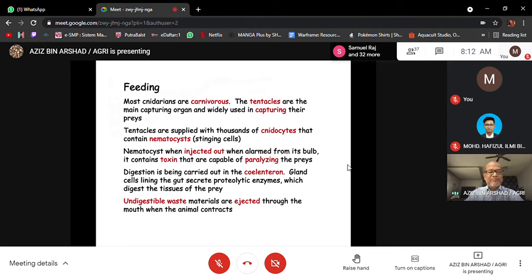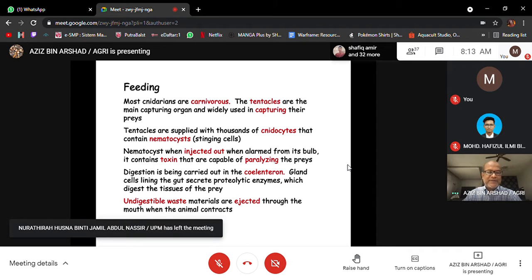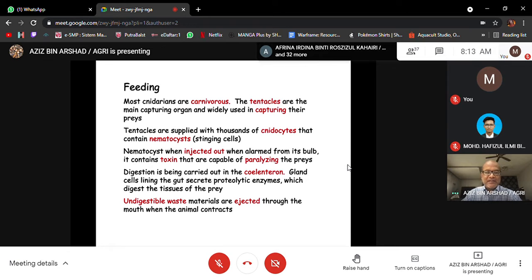In terms of feeding, most cnidarians are carnivorous because they catch small fish, whatever small organisms they can feed on or that always come near to them. The tentacles are the main organ for capturing prey, because of the presence of thousands of nematocysts on the tentacle.